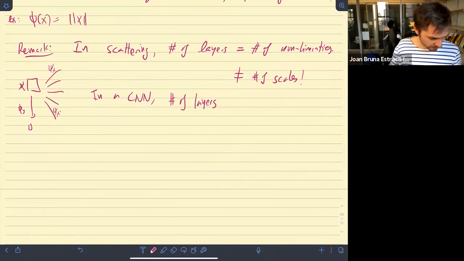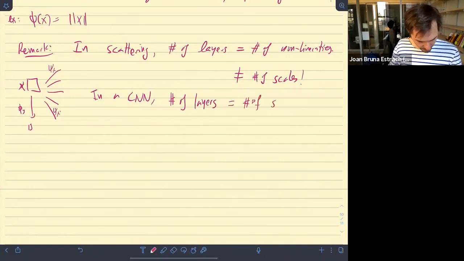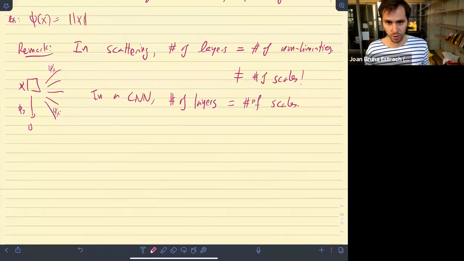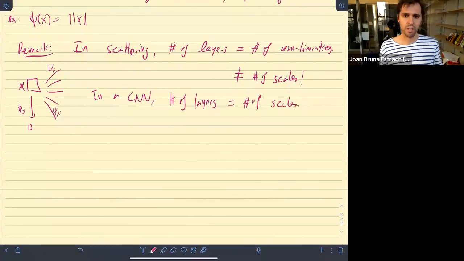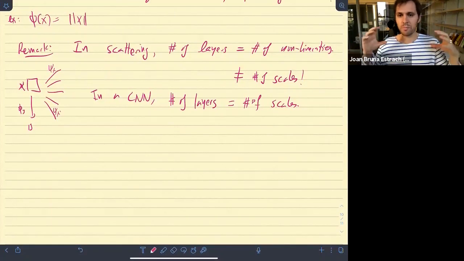So in the CNN, the number of layers is always tied with the number of scales. It's also tied to the number of steps that you go through a nonlinearity. But in a CNN, every layer has filters that are all at the same spatial resolution, same spatial scale. That's different from the scattering transform.